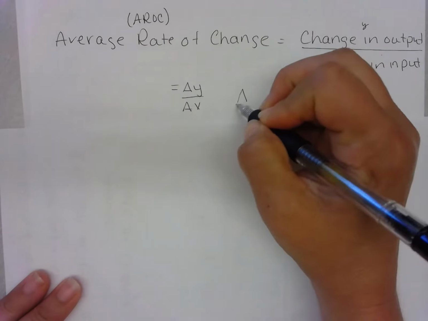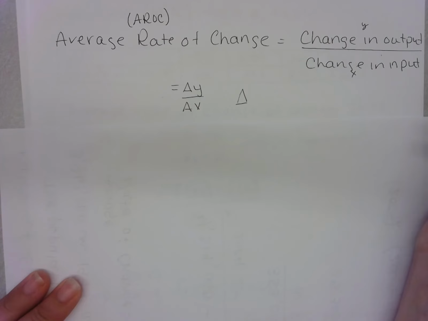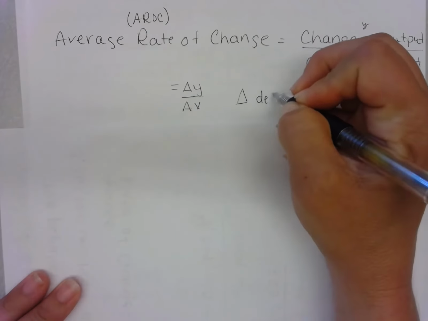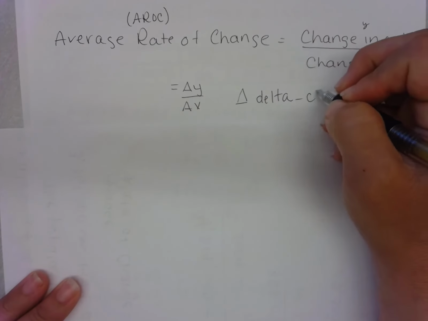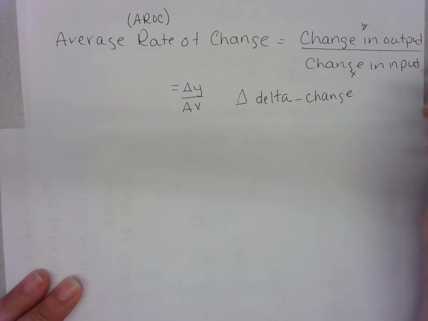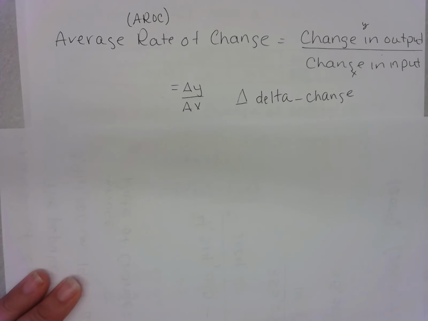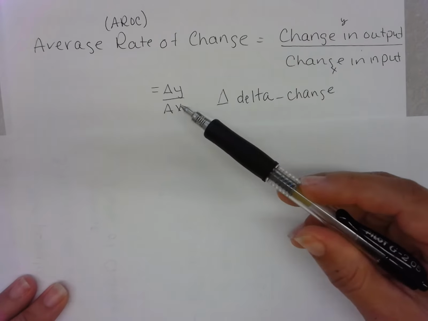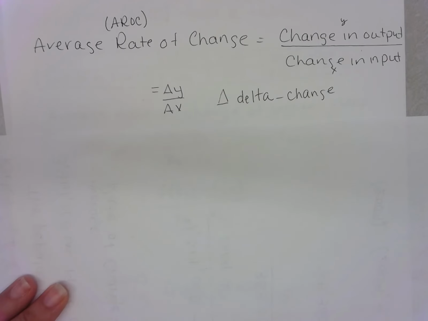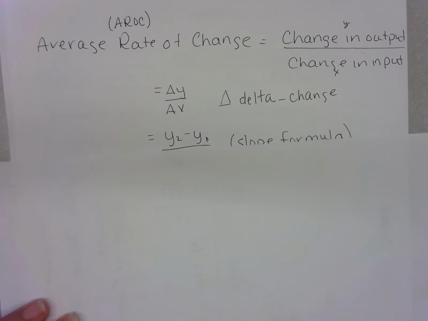This triangle is what we call the delta symbol, and it just means change. We like math symbols that make it easy so we don't have to write out the change in the output and the change in the input. We just say delta y over delta x, and that means the change in y over the change in x.